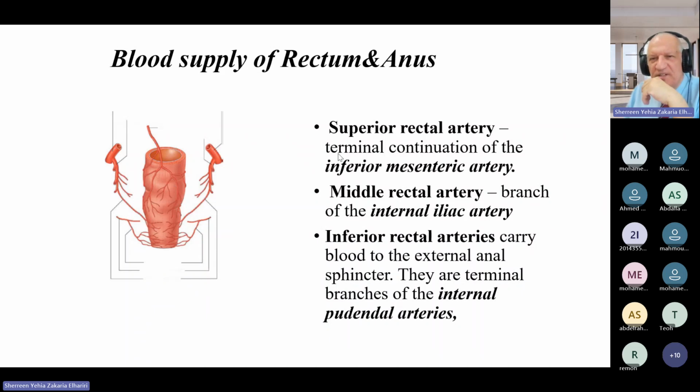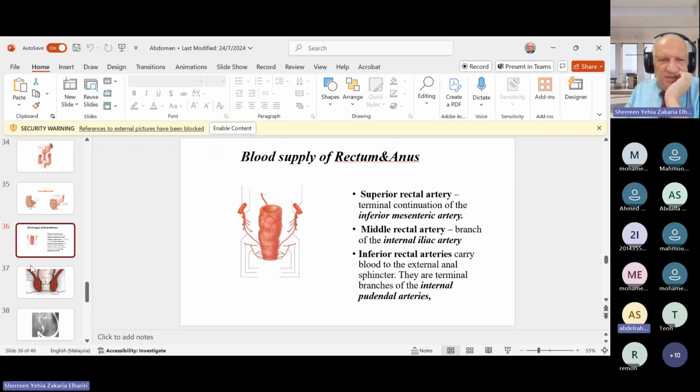It is a terminal branch of the inferior mesenteric artery. What about middle rectal? Internal iliac. Inferior arises from the internal pudendal artery. Okay, so we have 3 arteries: superior rectal, middle rectal, and inferior rectal. It's very, very important.